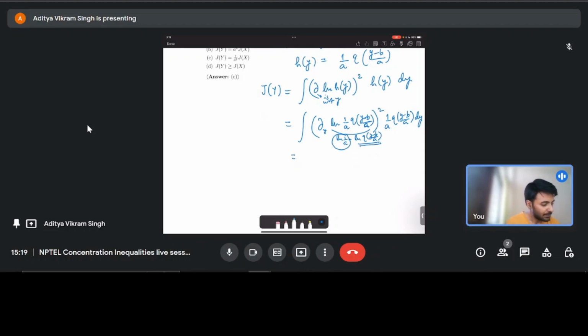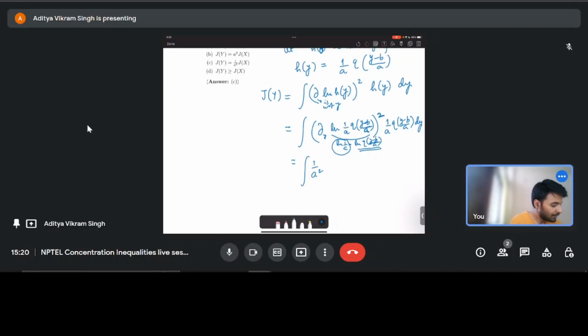Once you take the derivative of this, there will be a 1 by a factor which comes out because of the division by a, and then there is a square here. So finally what we would have is 1 by a square. What would the rest be?